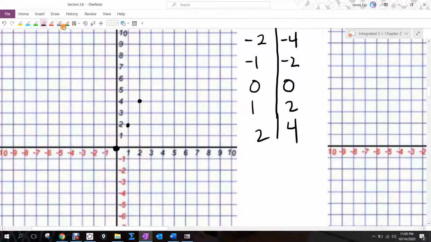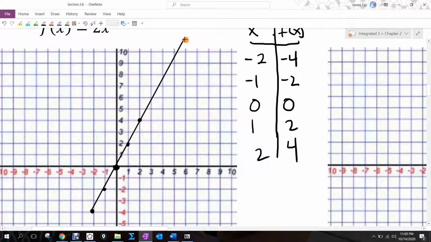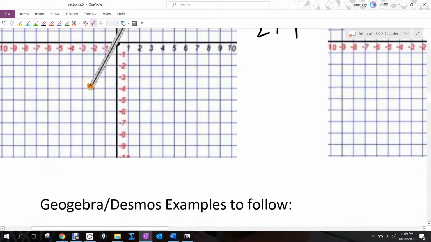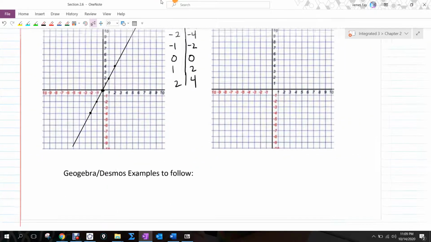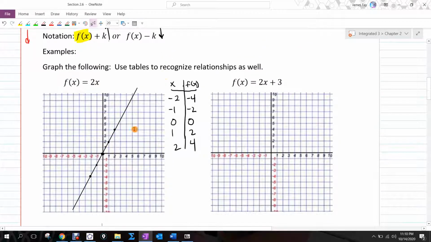We got all these points here, those points that we can graph. Alright, so we've got that graph there from what we've been doing for the last couple days.